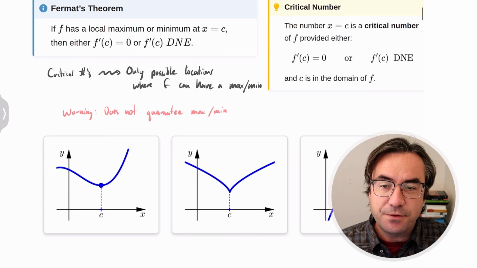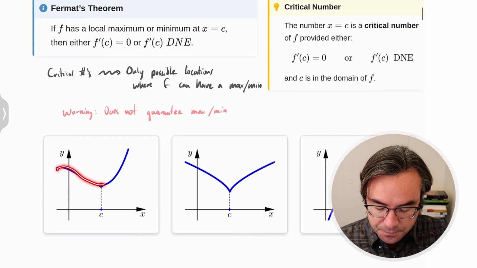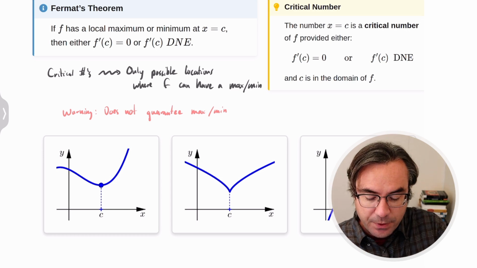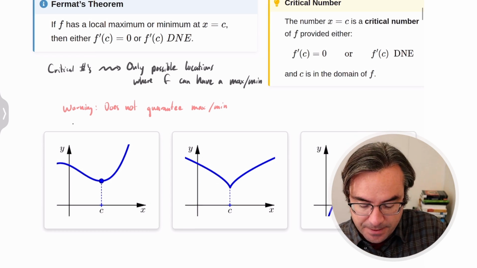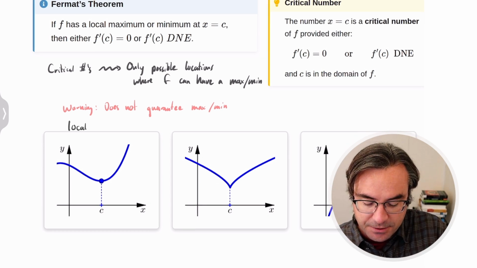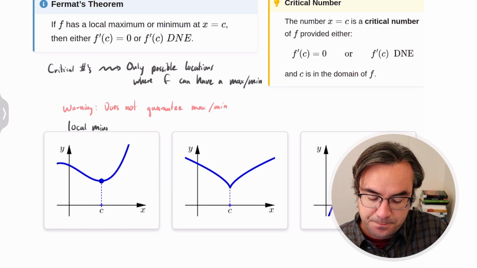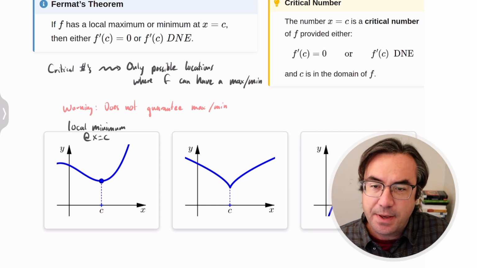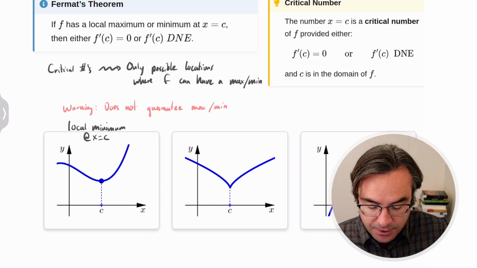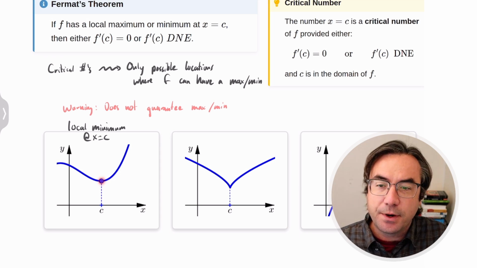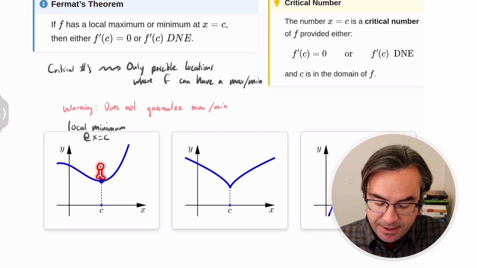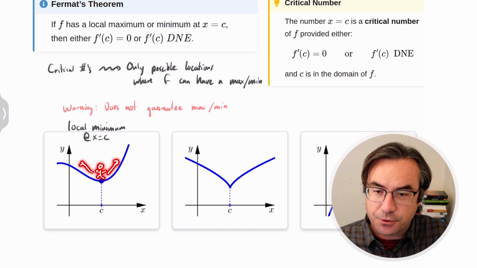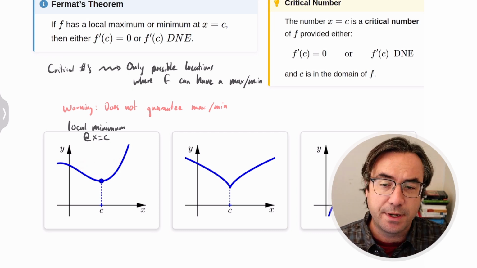So when the derivative is 0, in this first graph here, we have a local min at our number x equals c. This makes sense because if we're looking at that point, imagine if we were standing at that point, it's uphill in both directions. So that's a local minimum.